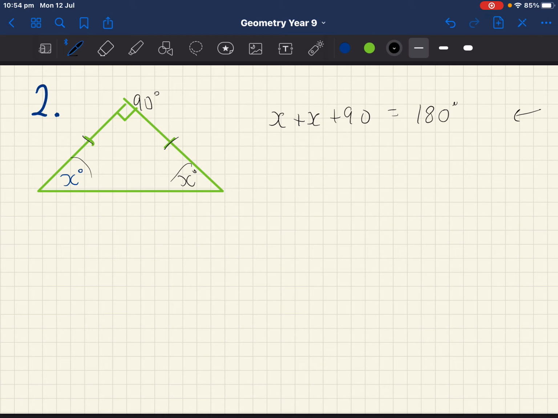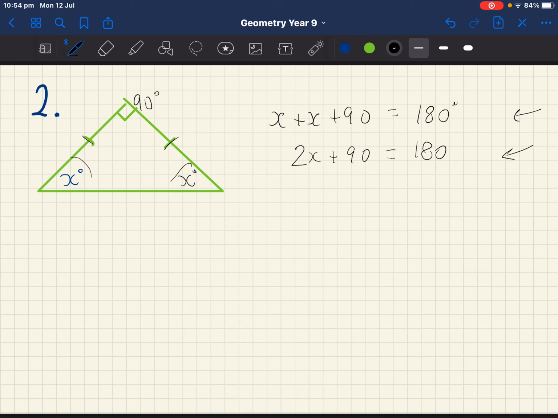Now let's go ahead and simplify it. All right, here we have x plus x. We've got two lots of x here. How do we write that? 2x plus 90 is equal to 180. So we used geometry to create the equation. We've now simplified the equation down, so now it's ready to be solved.